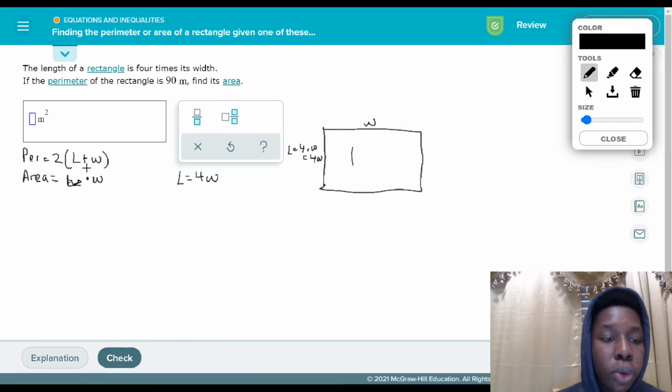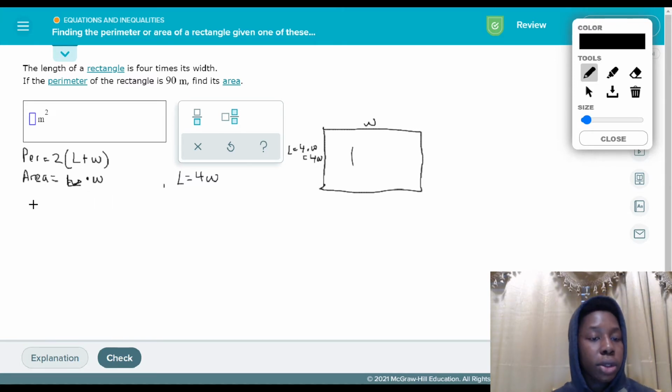I will use the perimeter that is already given to us, which is 90, and the clue that I got, which is 4w, to find the length and the width. Then all I have to do next is find the area of the rectangle. So let's get to it.